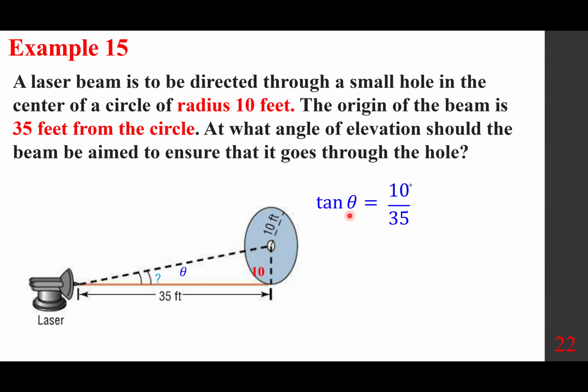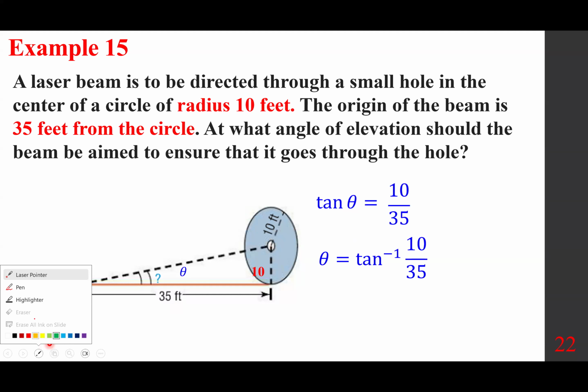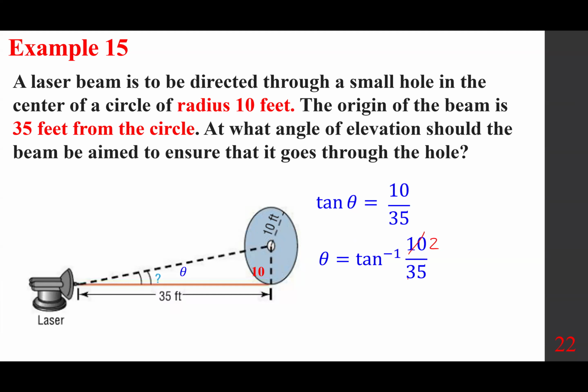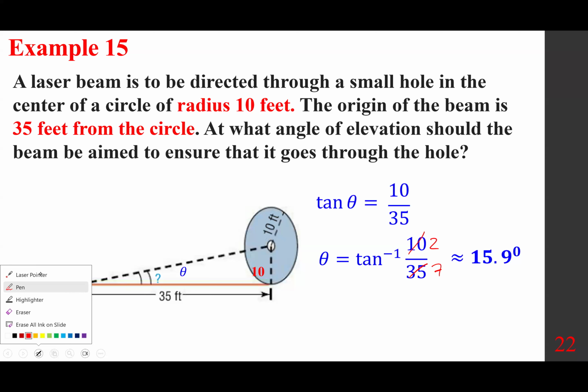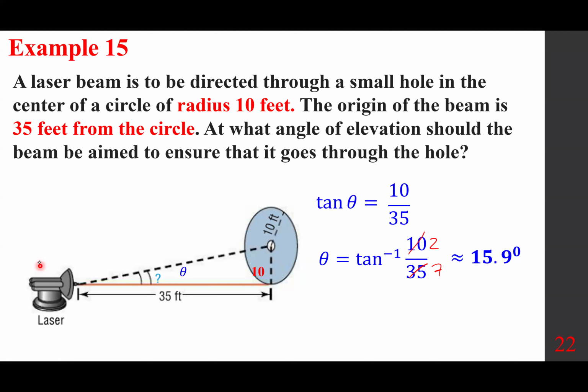So theta is tan inverse of 10 over 35. By the way, everybody, we know we can simplify this. So tan inverse of 2 over 7 from the calculator, 15.9, almost 16 degrees.